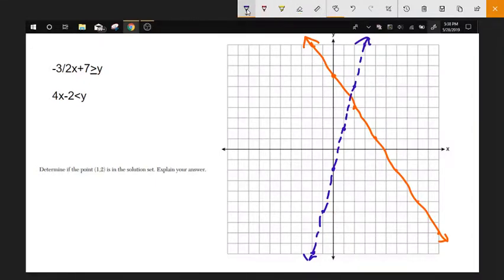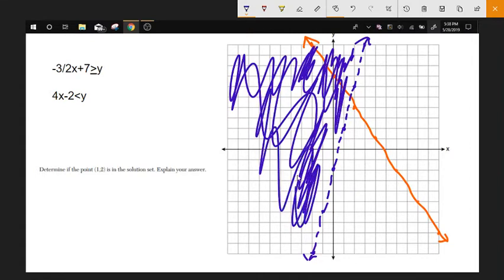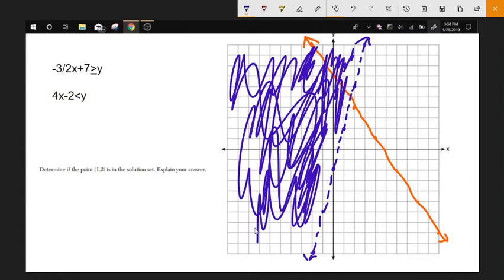Alright, so let's shade for this blue one first. Because y is greater than the equation, we're going to shade up. And we're just going to shade all values of y that are above the line.